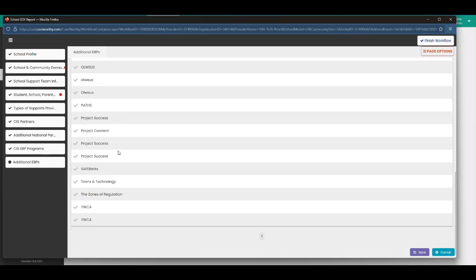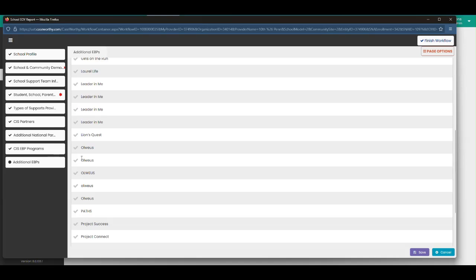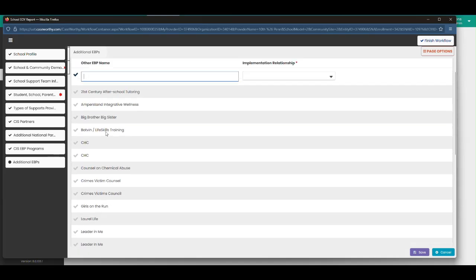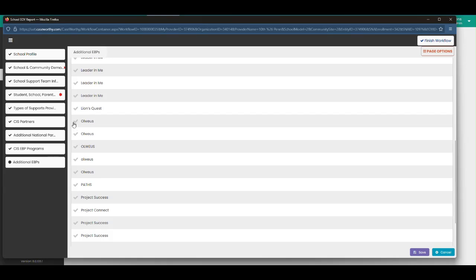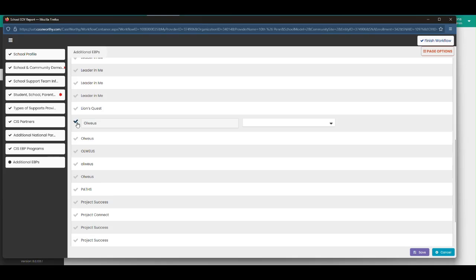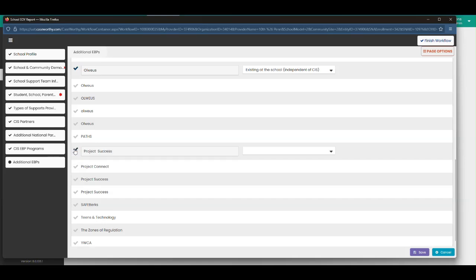We have 31 that are in the list, and they're most common to click an existing one. If you're coming in and you do have an Olweus program at your school, there's 5 of them here, but you only have to click one. So just click the top one and put whatever the selection is. Project Success, that's through the Center for Humanistic Change.